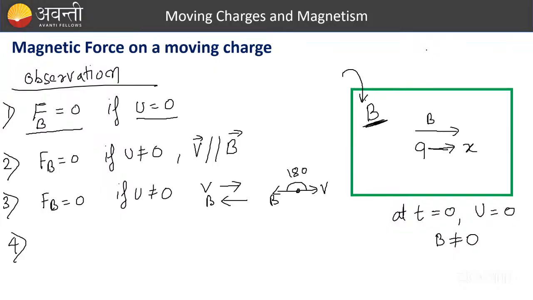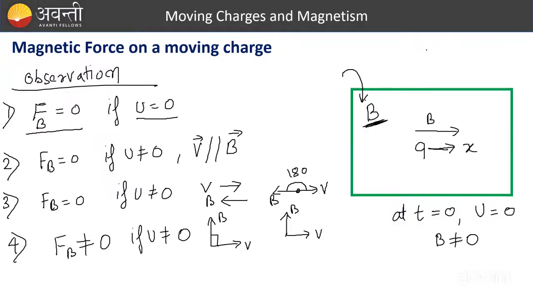In the fourth case, he applied the magnetic field perpendicular to the direction of velocity. So this time force was not zero. With v not equal to zero, the angle between magnetic field and velocity was 90 degrees.